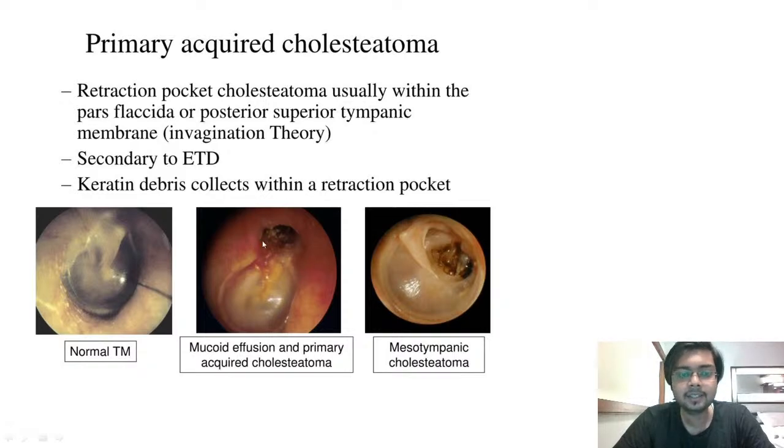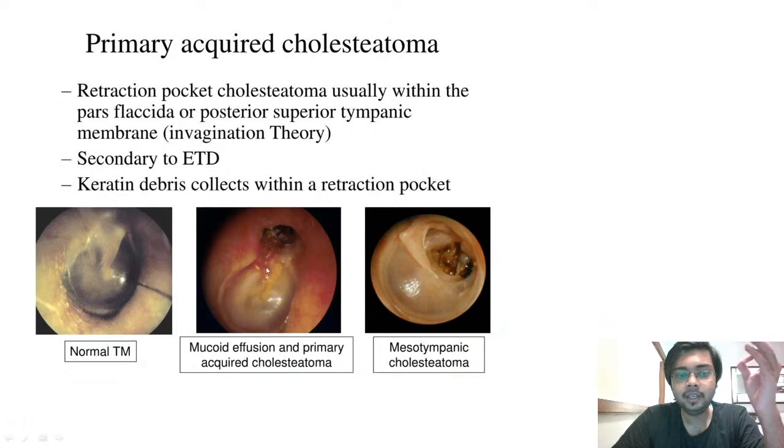So this is the pathophysiology through which a primary acquired cholesteatoma occurs, and peculiarly you will get an otoscopic picture like this, where there will be atic retraction pocket with squamosal debris or discharge, right? So this is a normal and this is a primary acquired cholesteatoma. So if this picture is given to you as an otoscopic picture with some clinical symptoms and features, you are going to mention it as squamosal variety of chronic otitis media, and that will be active or inactive based upon whether it is discharging or not.